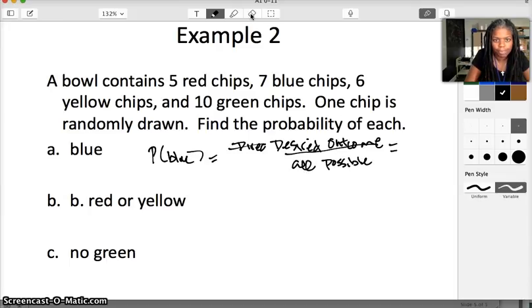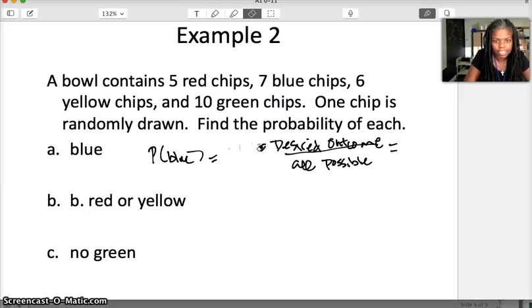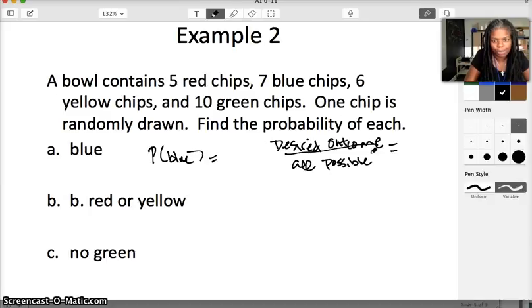How many different ways can we get blue? It looks like 7 since there's 7 blue chips. So we're going to put a 7 right here. And then we've got to figure out how many chips we have all together. So that's 5 and 7, which is 12, plus 6, which is 18, plus 10 more, which is 28. So 7 out of 28. Of course, I can reduce this and it becomes 1/4. So you have 1/4 of a chance of pulling blue in this particular situation.